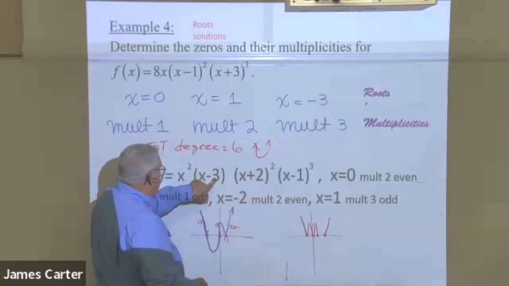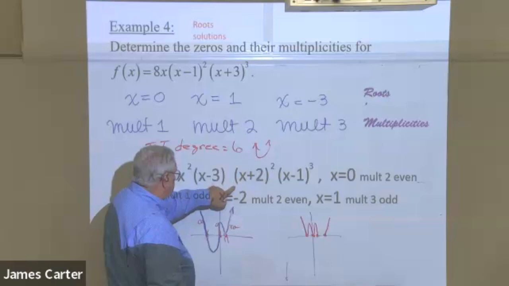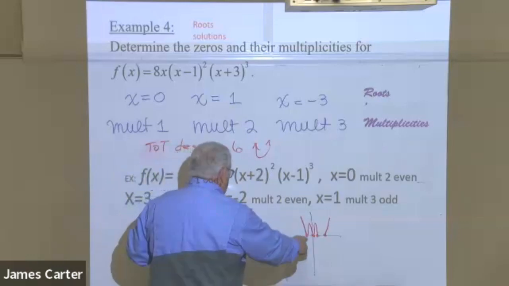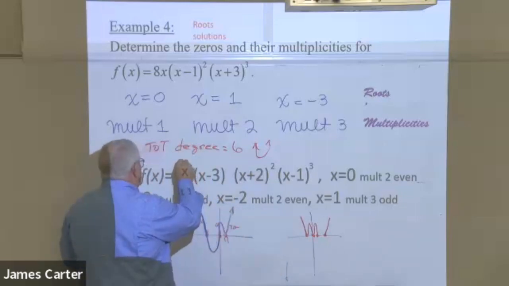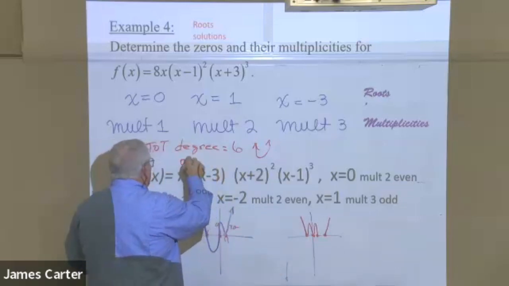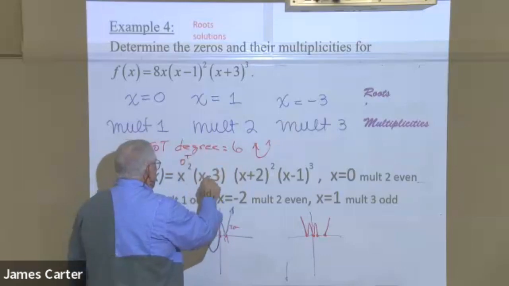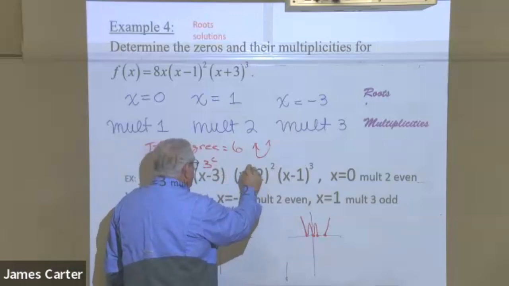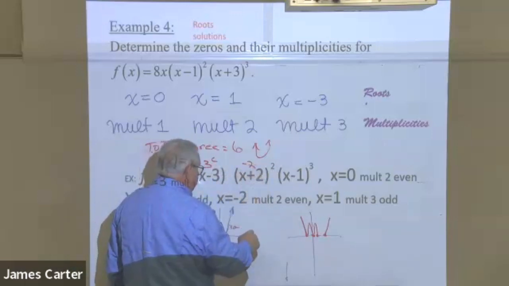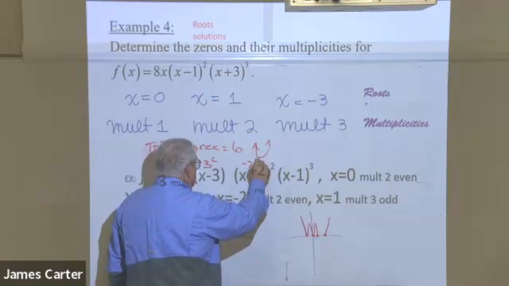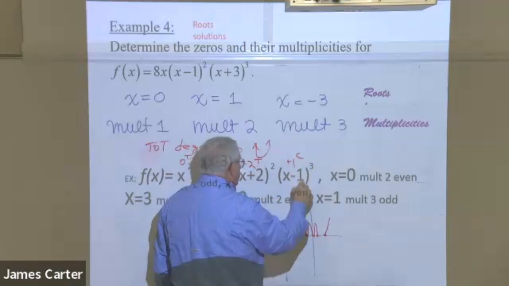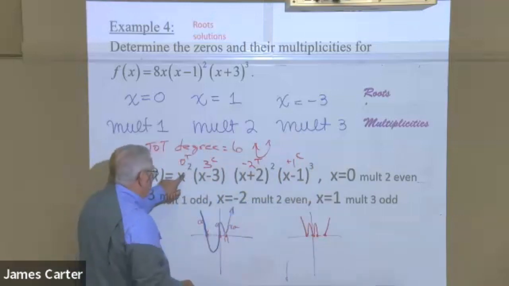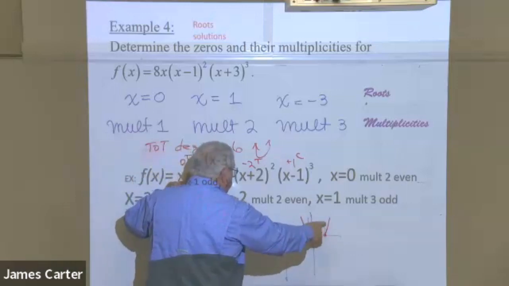The 3 is a crossing. Wait a minute. Okay, here is the 0 touching, 3 crossing, 2 -2 touch and go, +1 crossing is the way these have got to go. And the total powers of 8, those are correct.